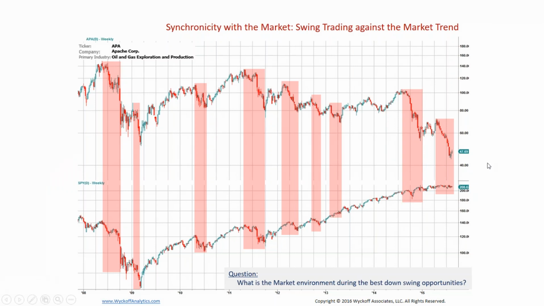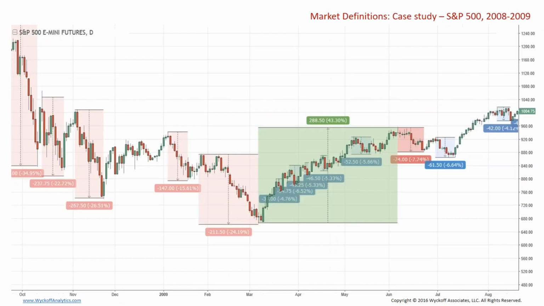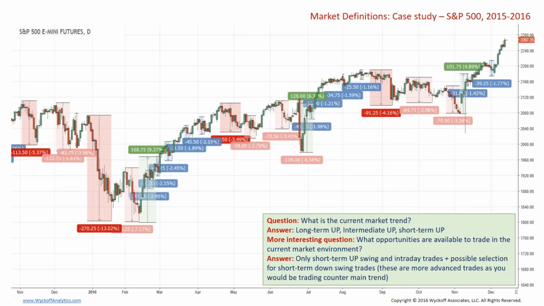Again, I would advise only more advanced students to practice this type of counter-trend swing trading. And for those of us who are beginner or intermediate traders, just stick with the main trend, which is what? Which is up, up, and up again.